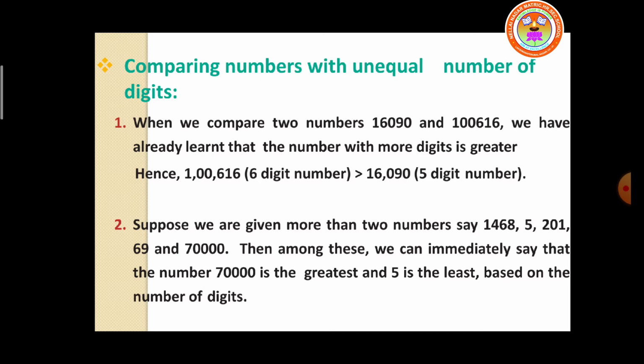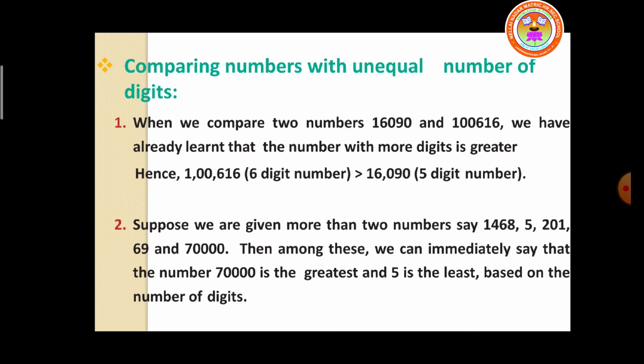In case it is an unequal number of digits, what to do at that time? Let's read out these 2 points. Children, read along with me. When we compare two numbers, the first number is 5 digit and the second number is 6 digit. We have already learned that the number with more digits is greater.